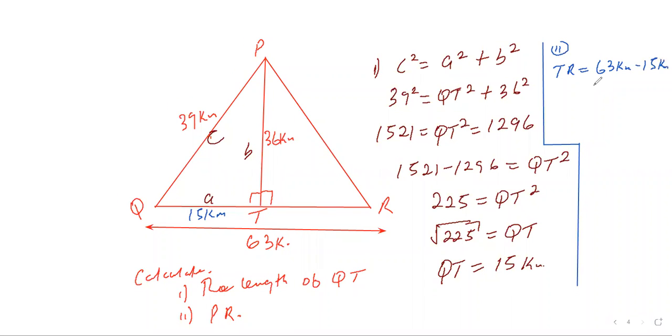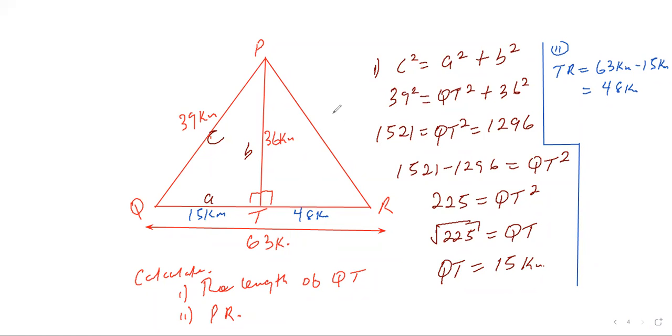What do we get? 48 kilometers, right? So that means this side is 48 kilometers. Now that we know this side is 36, can we now find PR?